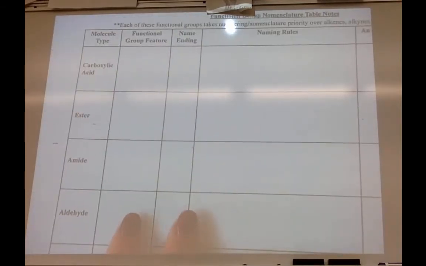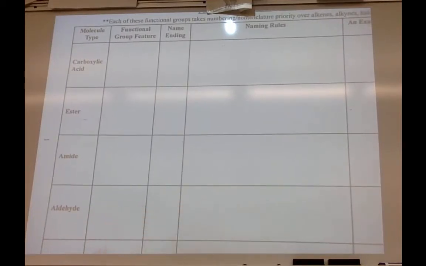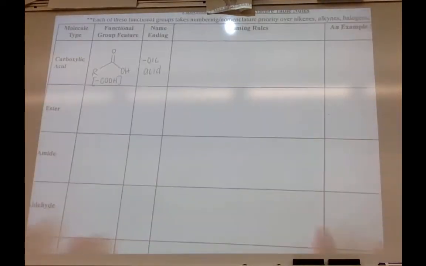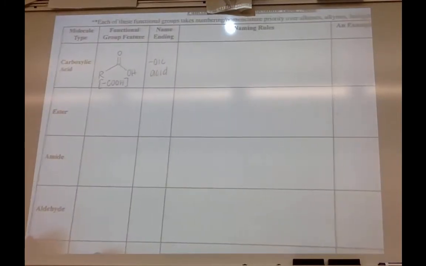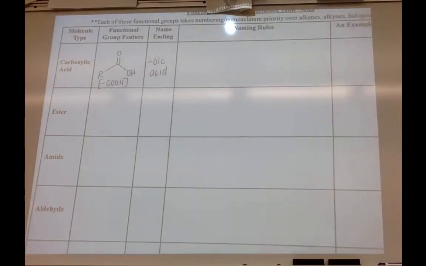So we're going to start by looking at a carboxylic acid. Now, I started doing this in my packet by accident, so here we go. The general structure of a carboxylic acid is COOH.